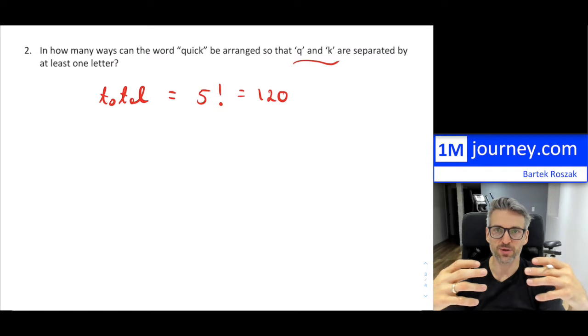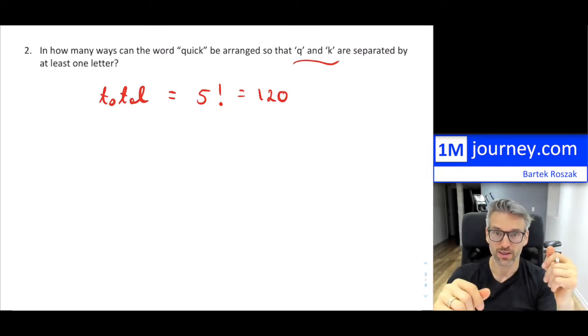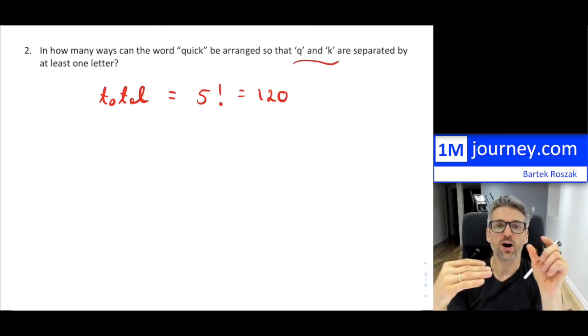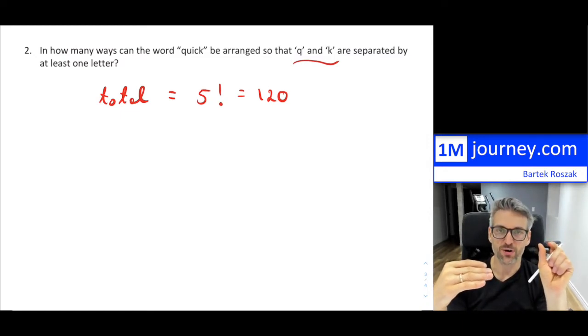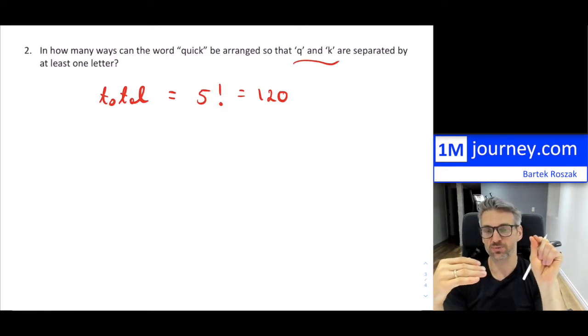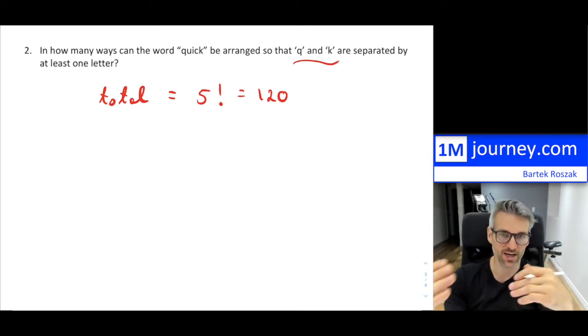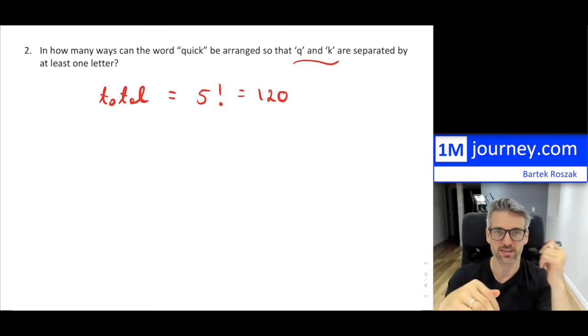Well, it can be arranged in 120 different ways in total, minus, so I can negate the problem by saying, when are they together? Because if I figure out how many times they are together, and I subtract it from the total, that's going to actually give me what I want. So this is negating the problem in some sense.